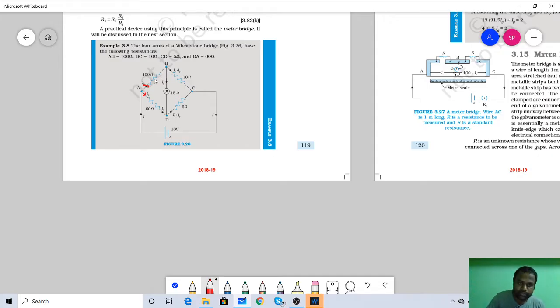So the current I1, which will flow up to B, will get divided into two parts, and let's say the current Ig flows through this conductor, that is BD. In BD a current detector like a galvanometer is connected, and the resistance of BD, let's say, is 15 ohm.